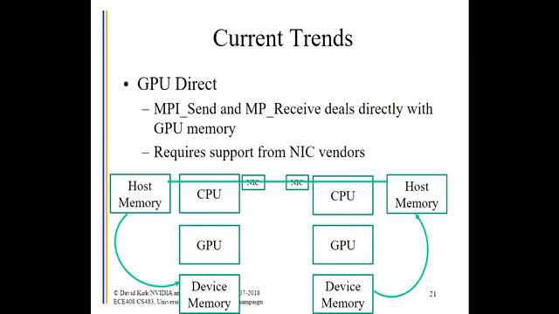Okay, so this trend is continuing, and now there's a concept called RDMA, remote direct memory access. What that means is that instead of calling driver code to send a message from one node to another node, your application can actually refer to the memory of another node.